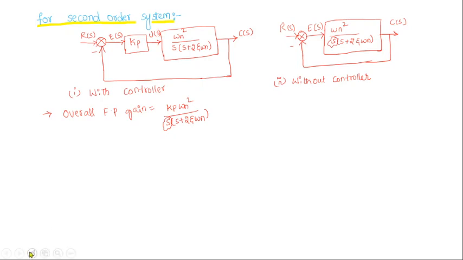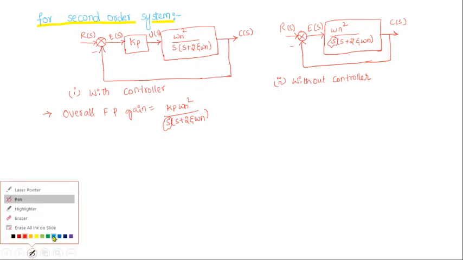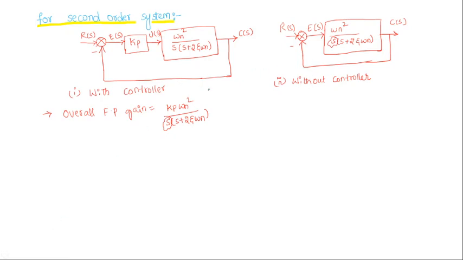The type indicates the number of poles at the origin. So by adding the proportional controller, the type of the system is not going to change. This is also type 1 system. We have already studied steady state error for type 1 system.